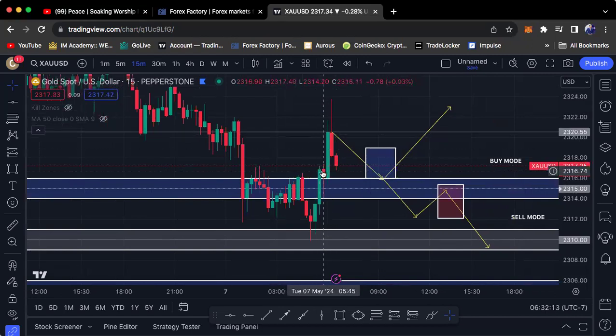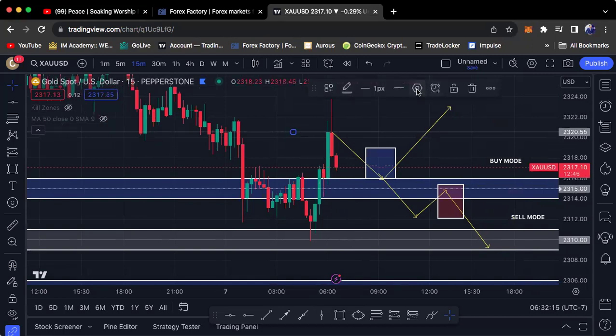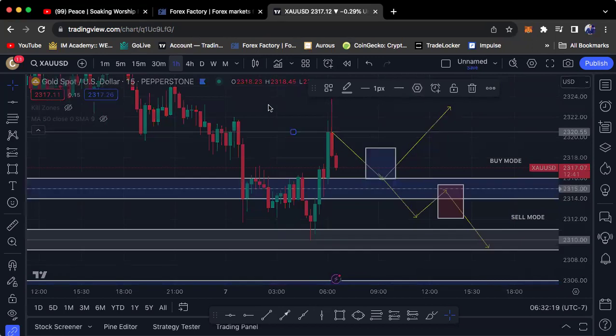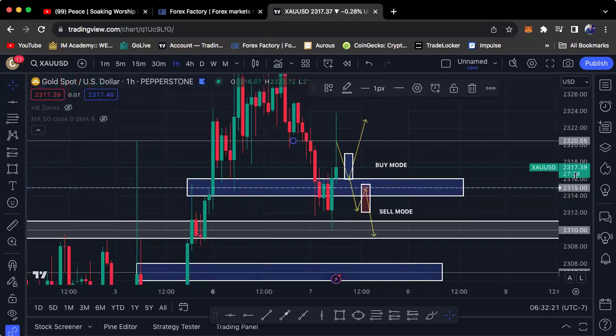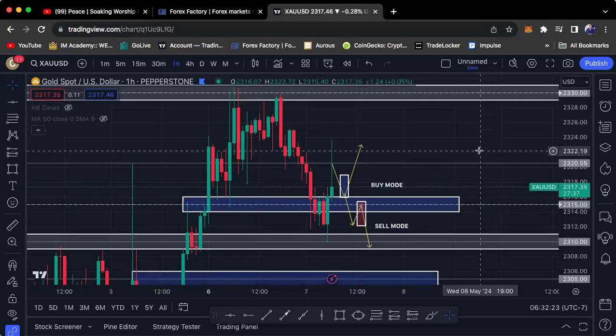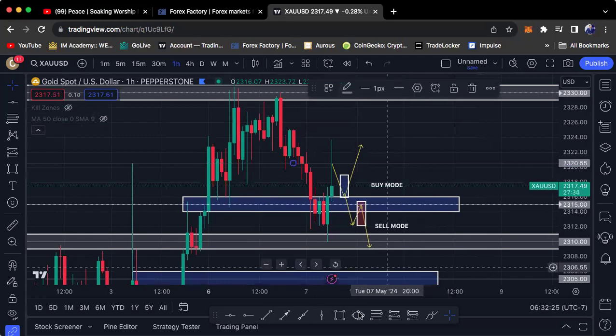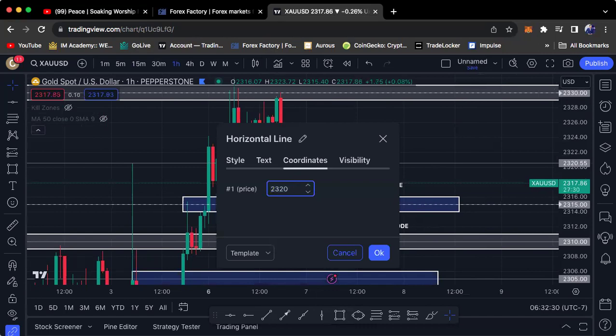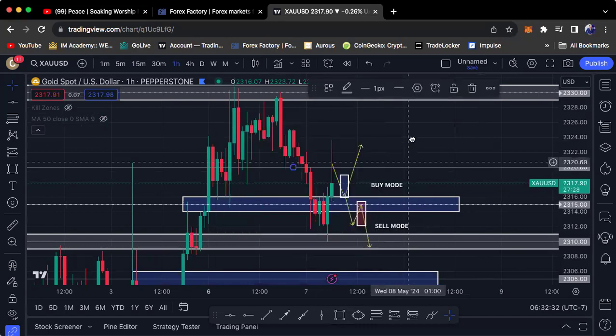So here, let me see. Yeah, this could be my next hourly zone here at 23.20. So I'm gonna draw it at 23.20 since it's right there.